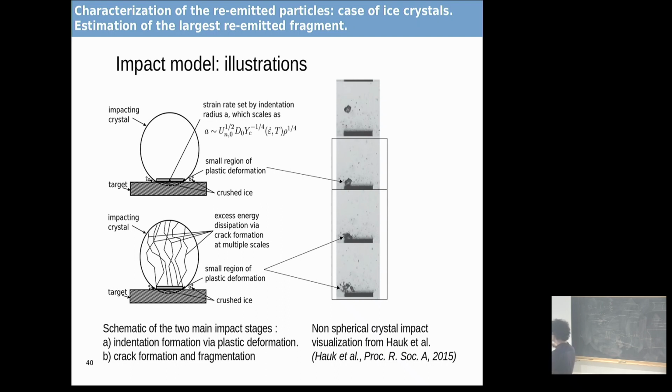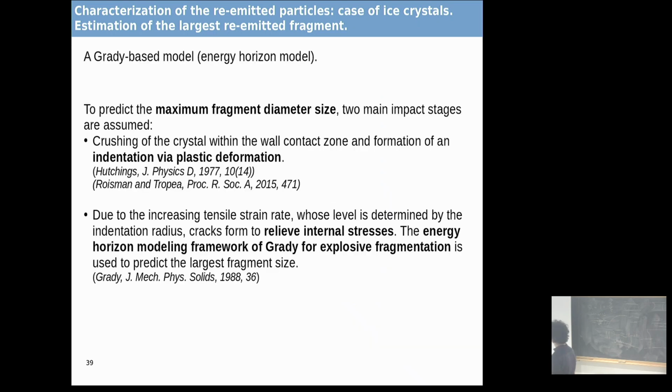What we need is to use this indentation radius to estimate the strain rate inside the ice particle, and then, in a second step, to estimate the fragment size using the energy horizon modeling of Grady for explosive fragmentation. This theory is based on cracks which relieve internal stresses and which allow defining a particle size distribution for the fragments.